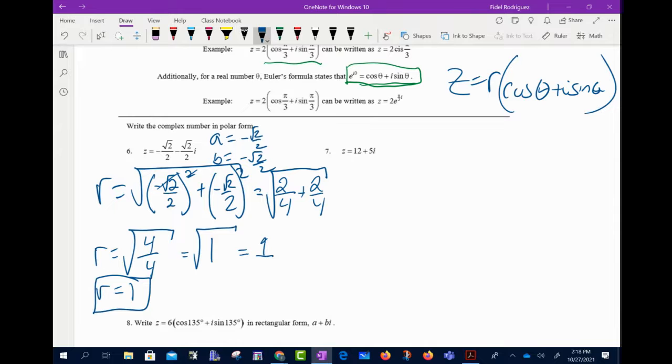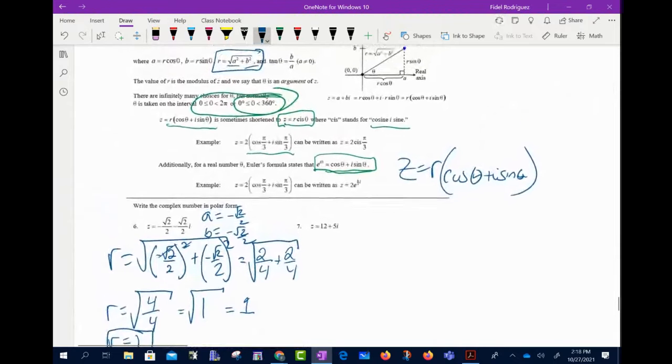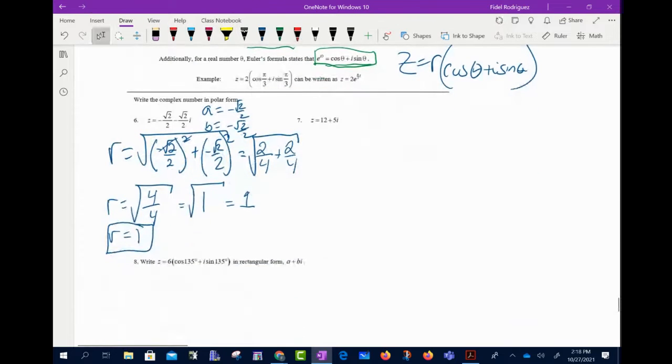Now, the second thing we need to find, y'all, is our angle. I'm going to look at this part up here where it says the tangent of theta is equal to b over a. So we know what our b and a are. They are both the negative square root of 2 over 2.